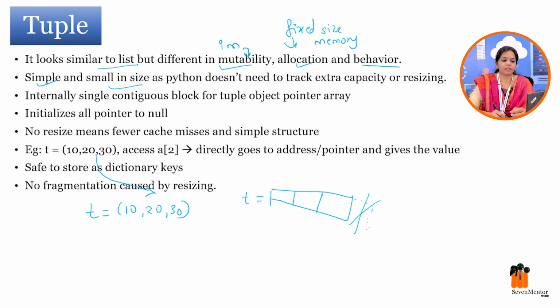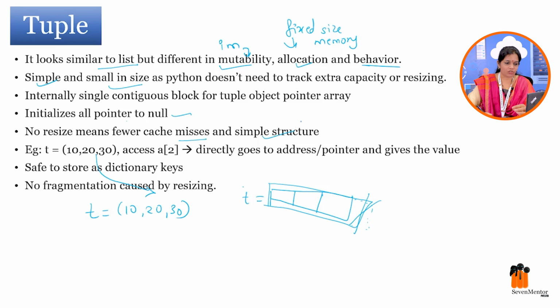Internally, a single contiguous block for the tuple object pointer array, meaning it has only a single block. It initializes the pointers to null. These are some properties. No resize means fewer cache misses, meaning the cache will have a lower number of misses.